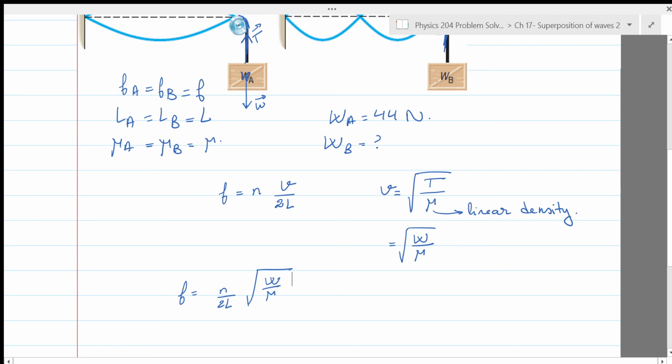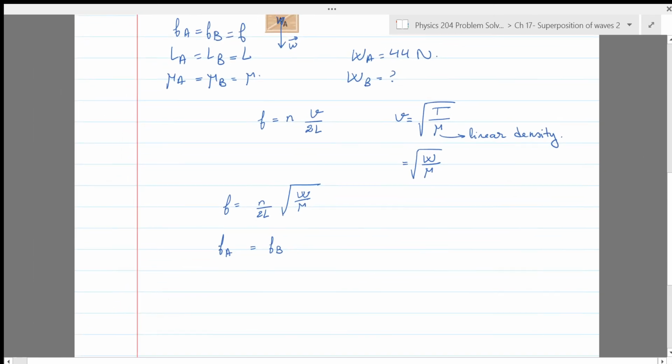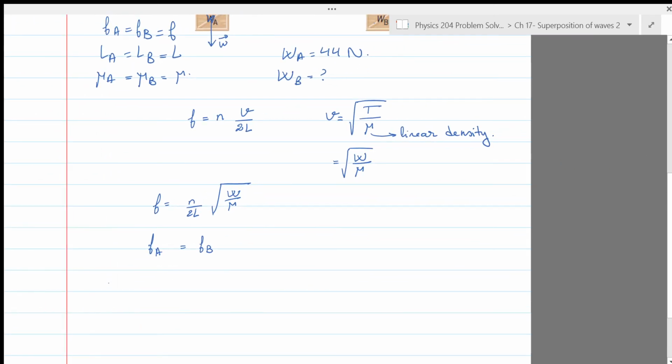Now, we know that the two standing waves have the same frequency. So we can start with this equation that states that the frequency on the first string is equal to the frequency on the second, which gives us nA over 2L radical WA over mu will be equal to nB over 2L radical WB over mu.